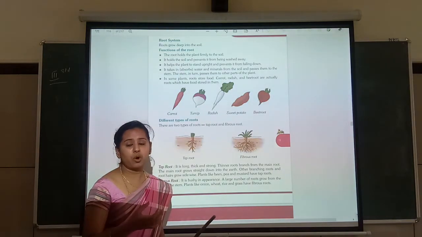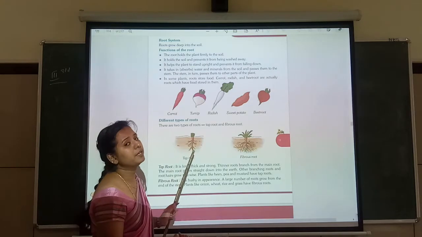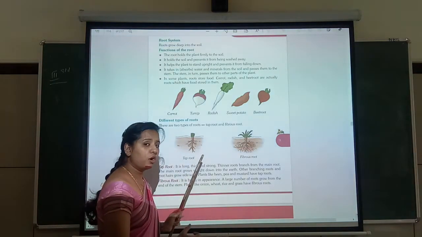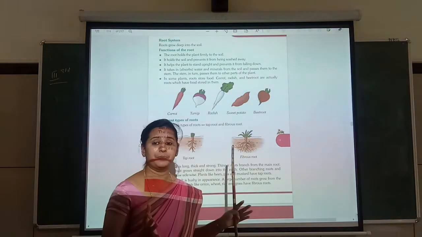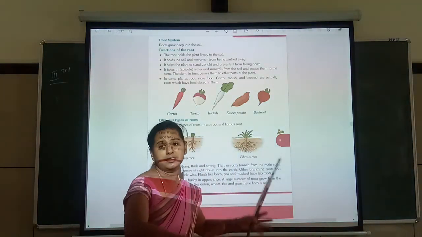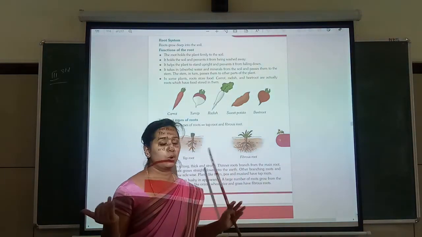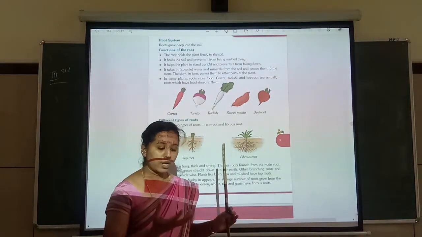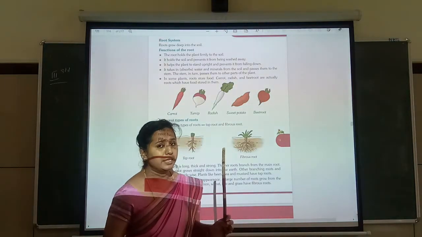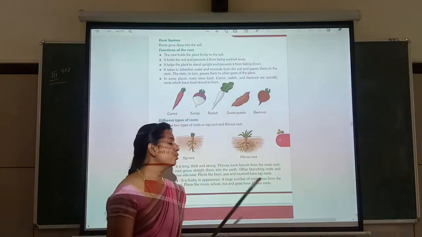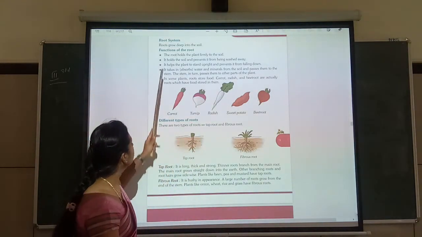By that time it can't be taken out because the root is holding very tightly and firmly. For example, it's a tree. Can you take out the tree like this? No, because the tree has grown very big and tall, and its roots have also gone very deep inside, so we can't take the tree out.